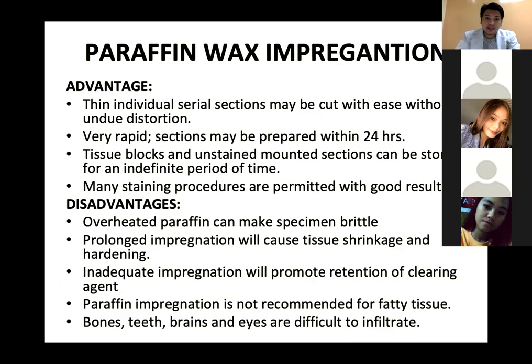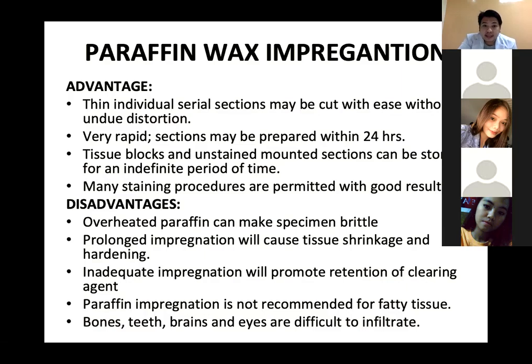What is the advantage of using paraffin as an impregnating medium? Thin individual serial sections may be cut with ease without undue distortion. It is very rapid; sections may be prepared within 24 hours, so using paraffin you can perform the whole impregnation within 24 hours.